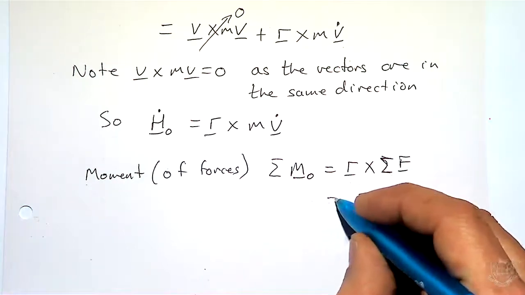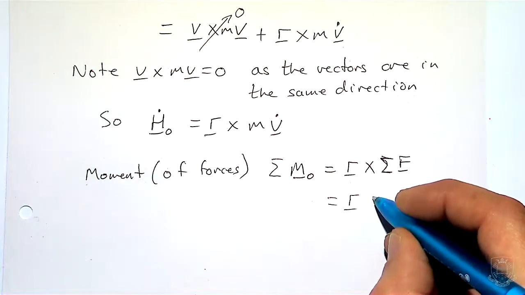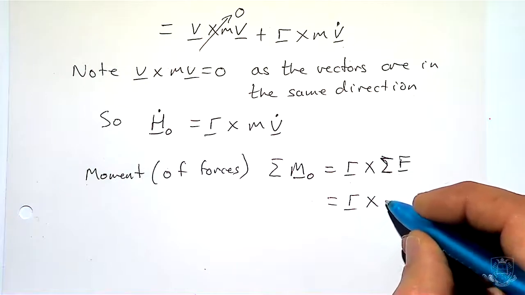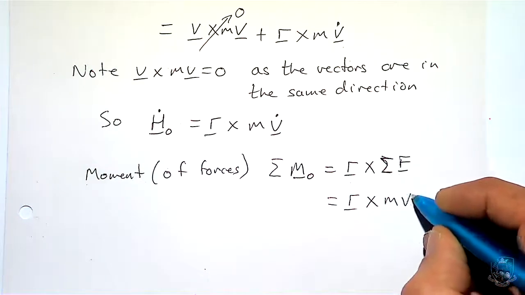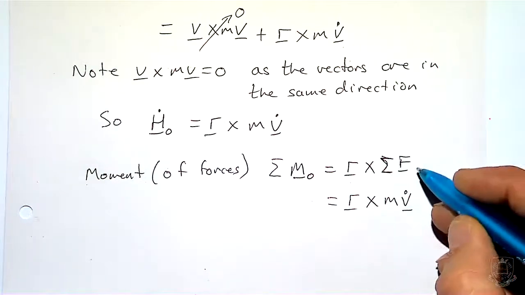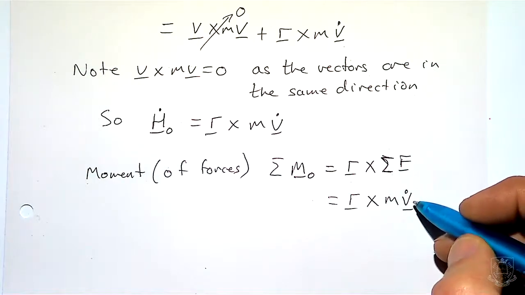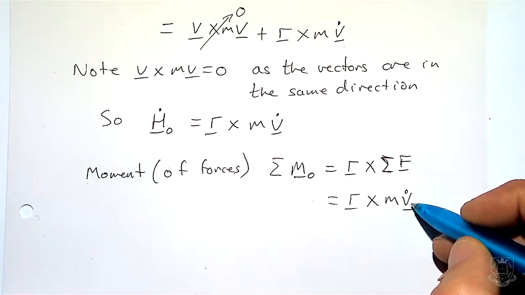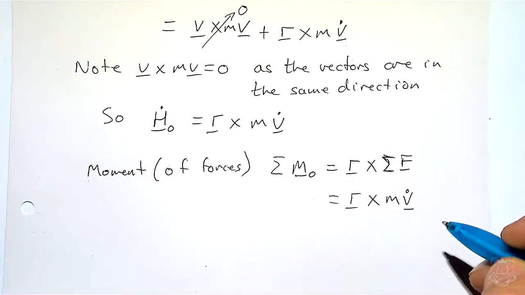And we know from Newton's second law that we can rewrite that slightly, so this can be r crossed with m v dot, because F equals ma, isn't it? And a is equal to v dot, so the derivative of the velocity is the acceleration.